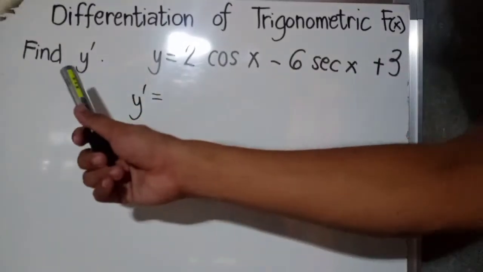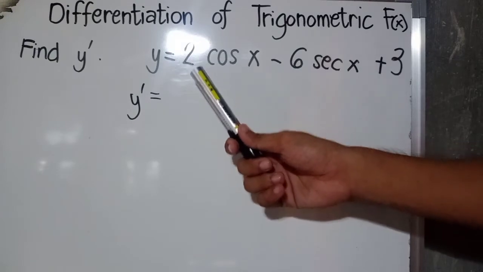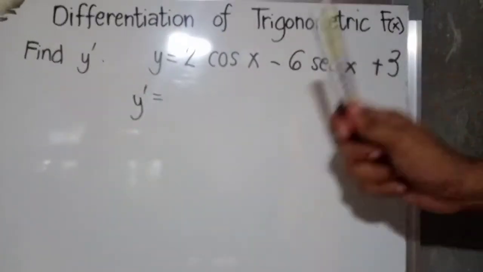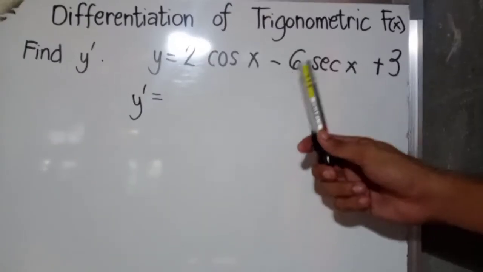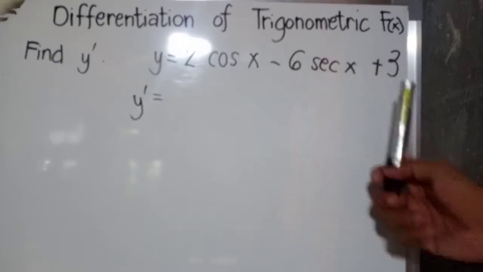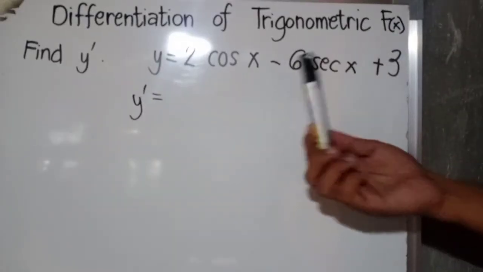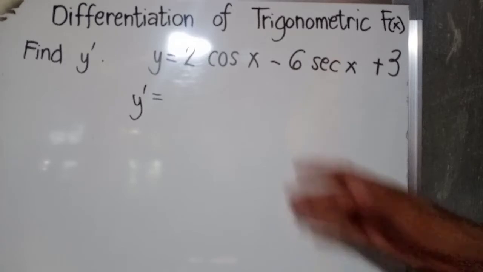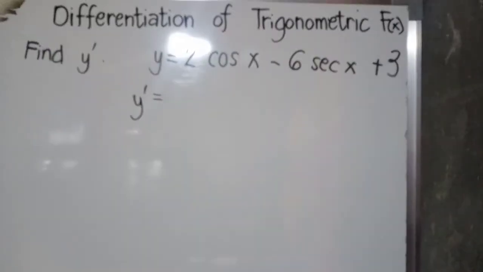Okay, so let us try this one. Find the derivative of y is equal to 2 cosine x minus 6 secant x plus 3. So as you can observe, our given is a trinomial na meron siyang separated by subtraction and addition. So, ibig sabihin, gagamitin lang natin dito yung sum or difference rule na iisa-isahin lang natin i-derive.